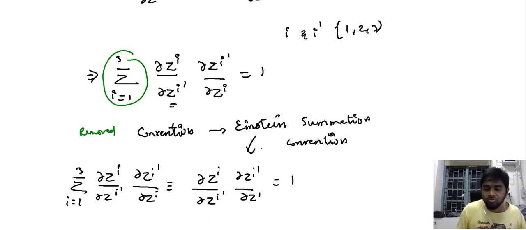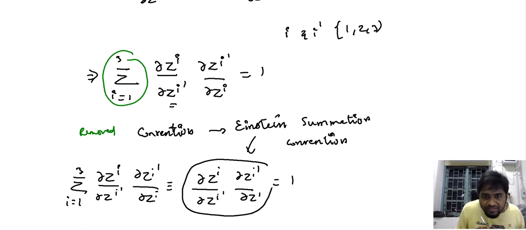So whenever you come across Einstein's convention or Einstein's summation, it means there is a summation that precedes.